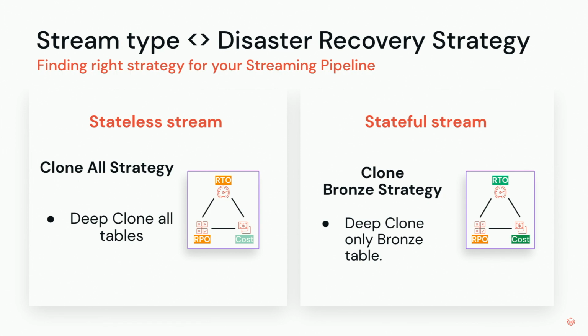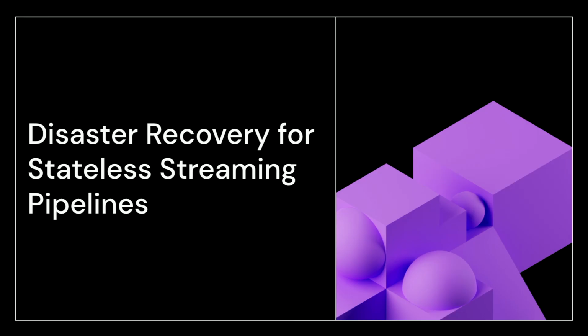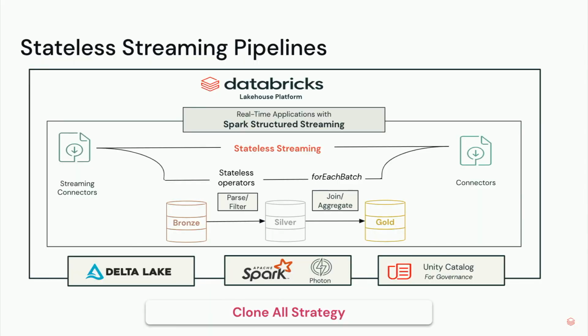So you can clearly go with the clone all strategy, where you take deep clone backups of every delta table in your pipeline. But if you have a stateful stream, you have to recompute that particular step in your pipeline. That's why we are going with the clone bronze strategy here. So with that, let's see what we are doing with the stateless streaming pipelines.